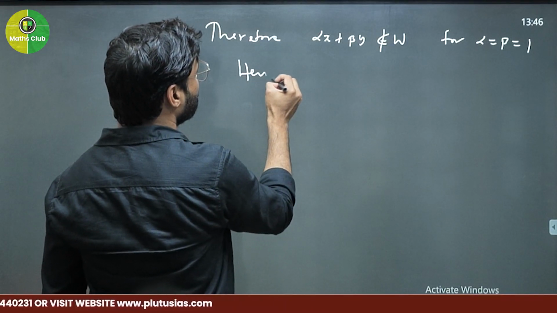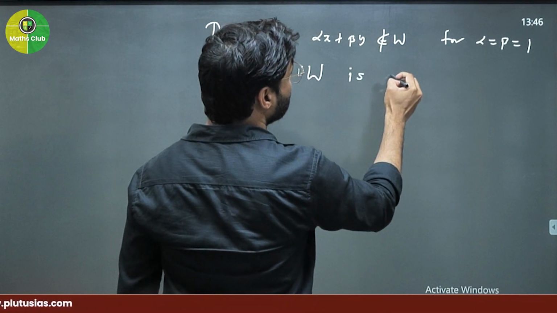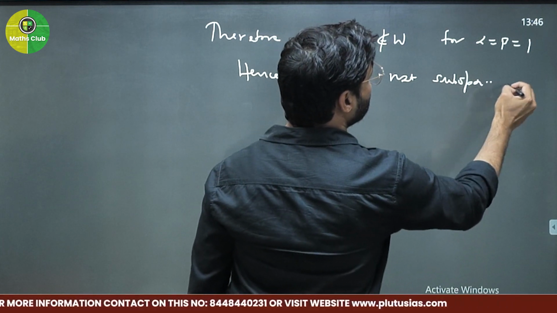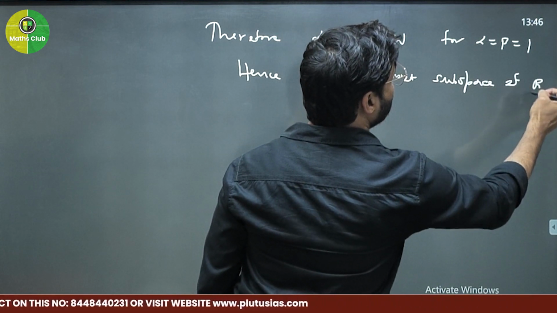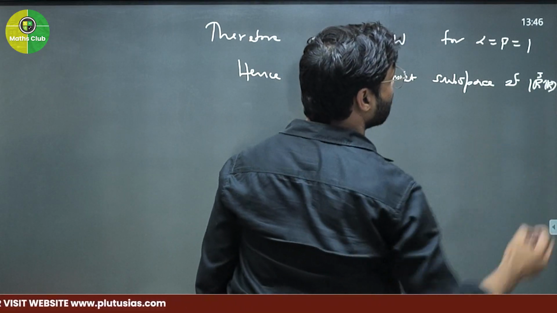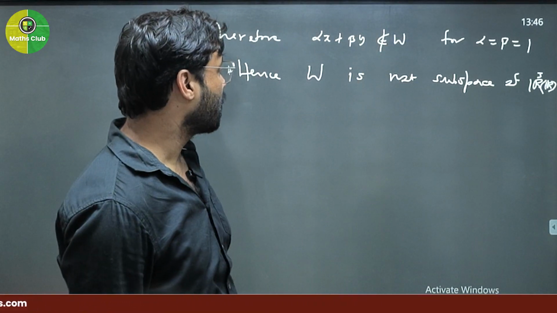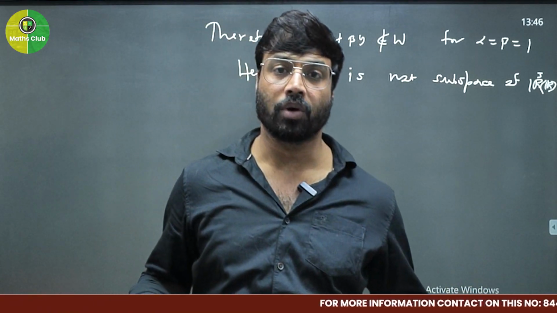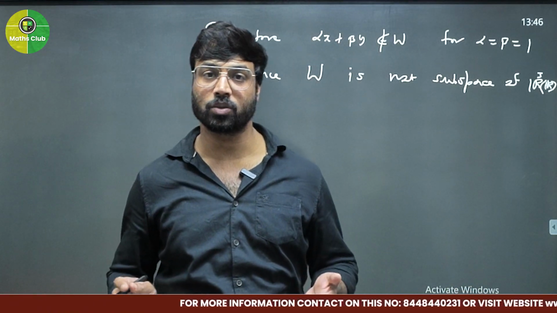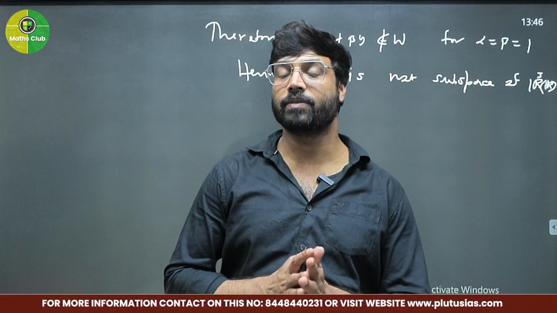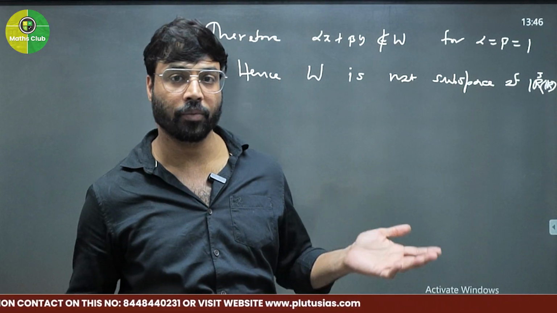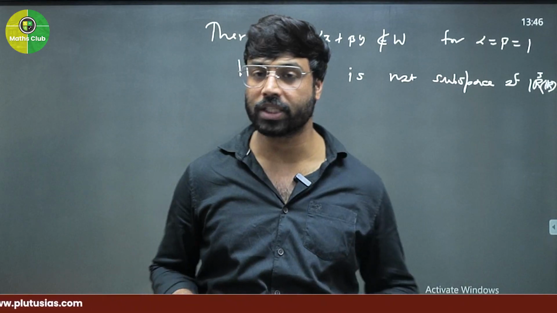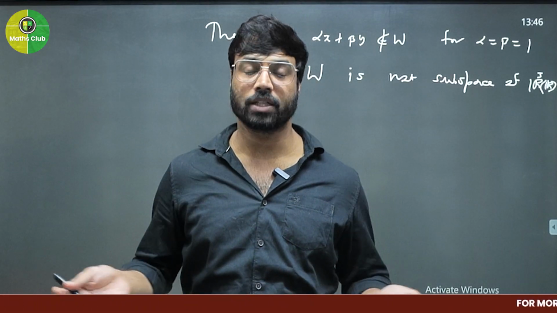Hence W is not a subspace of R^3, the vector space R^3 over the field R. So from this rule, that alpha x plus beta y belongs to W for all alpha, beta belongs to F and x, y belongs to W, we can check whether the given non-empty subset of a vector space is a subspace or not. So we will discuss more examples about the subspaces in the upcoming videos.